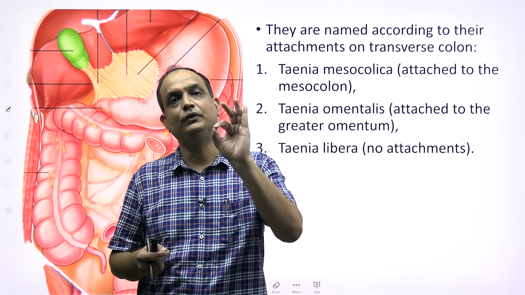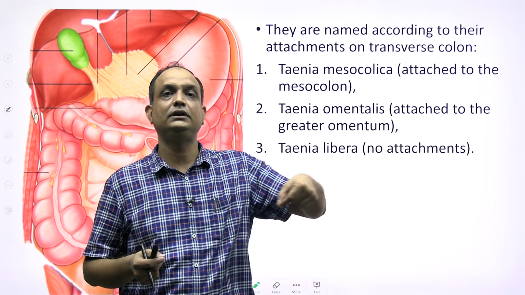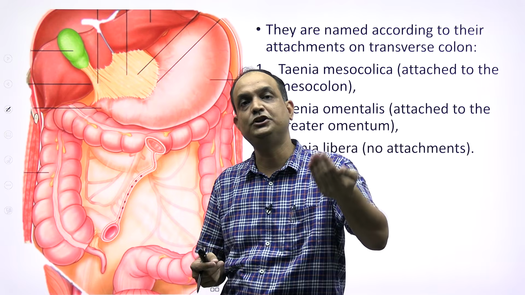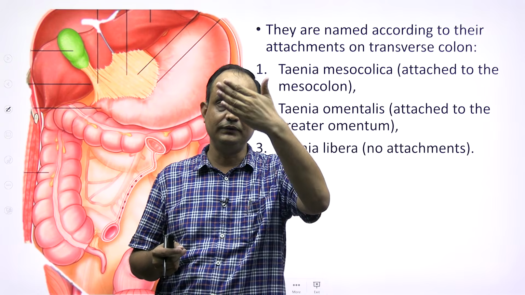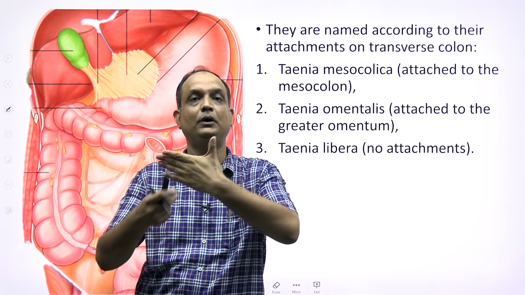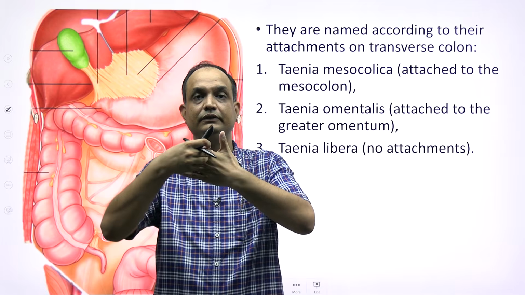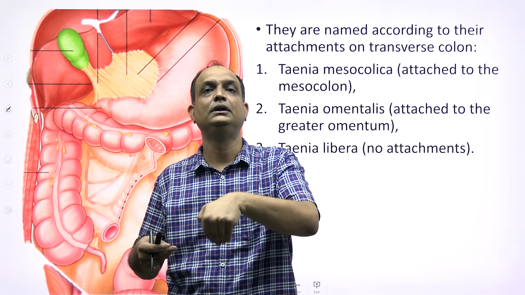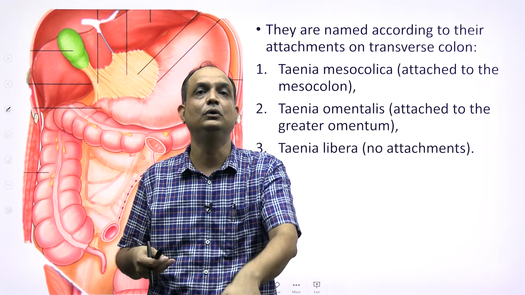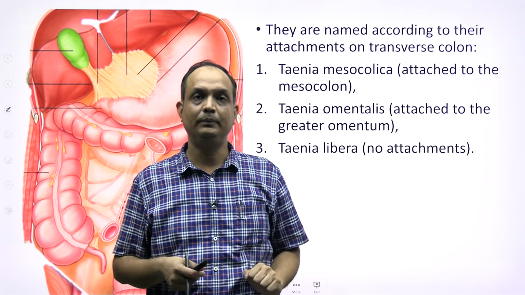And you will find that one of the Teniae, or bands, of the transverse colon will provide attachment to the greater omentum, which reflects from the lower border of the stomach, or the greater curvature, passes over the transverse colon and hangs down into the lower pelvis.